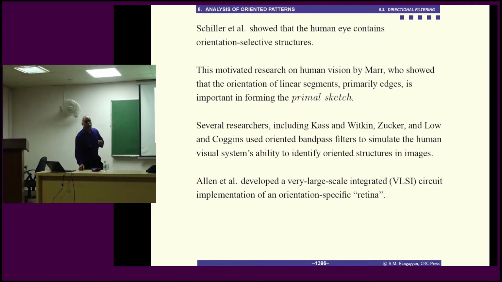There are some studies on the human visual system that have shown that we have orientation selective structures. Whether they are Gabor filter-like filters, bandpass filters, it's not clear. Some have suggested that. So Marr showed that the orientation of linear segments, primarily edges, is important in forming a primal sketch.